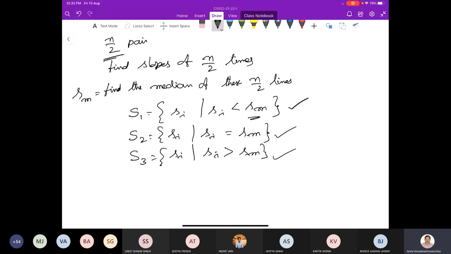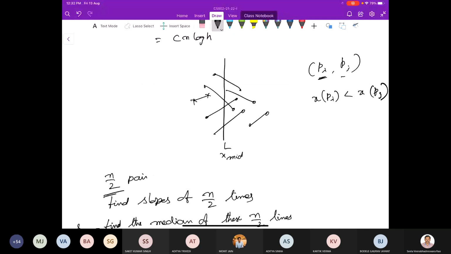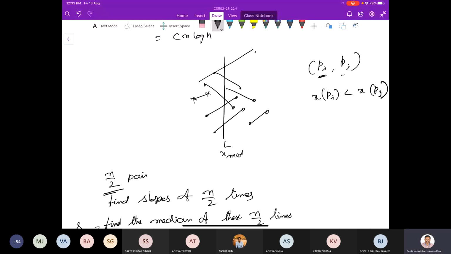Now you have the median slope. Assume the median slope is this one. This is the slope of the median.